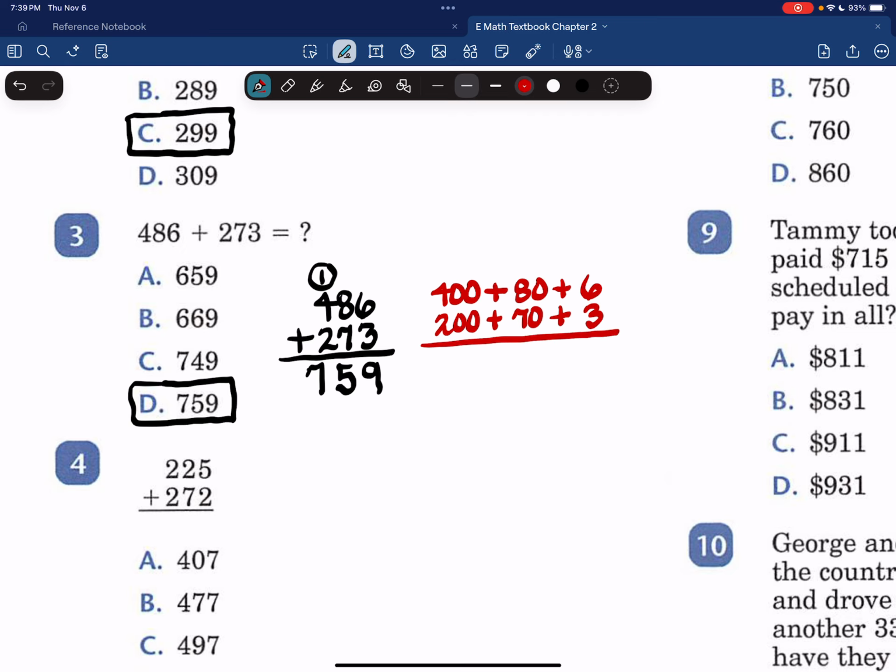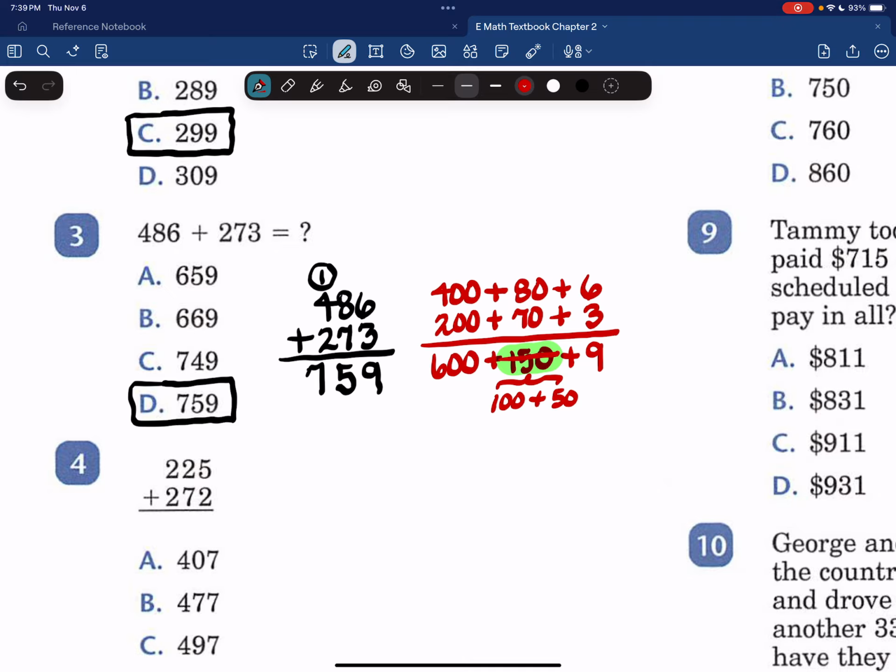And I will add these up. So there's 9 ones. There is 150 in that column. And then 600 right here.